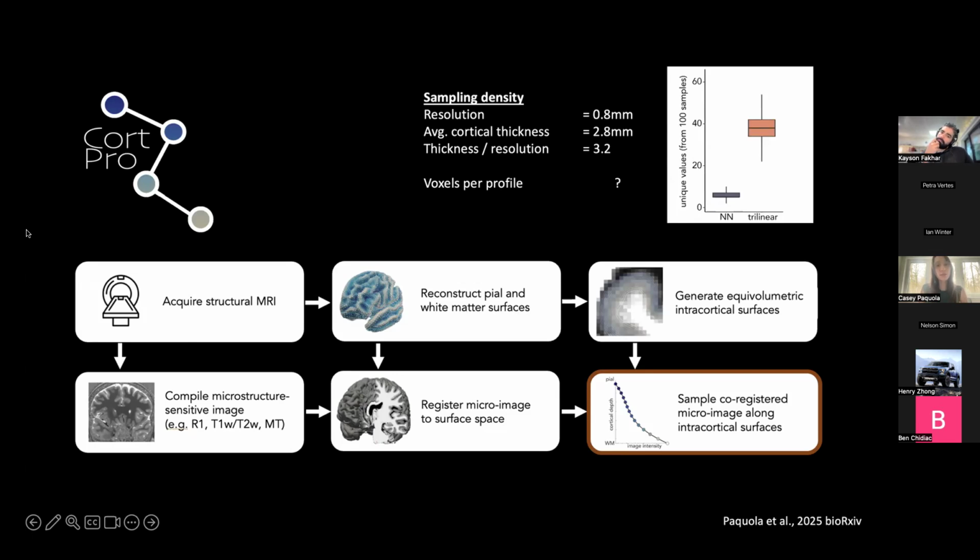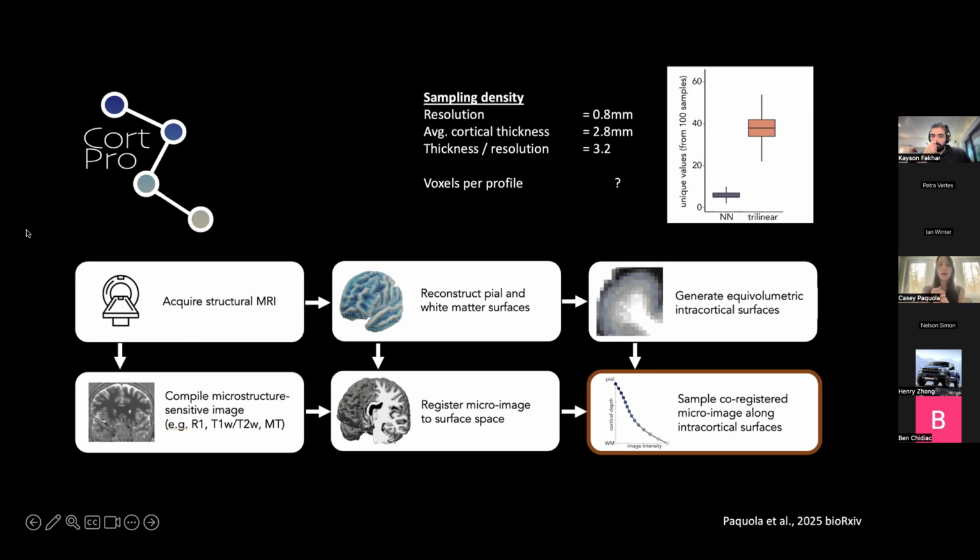So on the left, you see if you just do a nearest neighbor approach, so you really just sample the exact voxel that you land on with each surface, then you actually have much more than that 3.2 on average. It's closer to 8, but it reaches all the way up to 13 or 14 in thicker parts of the cortex as well. And this is to do with the orientation of the brain in the voxel field.